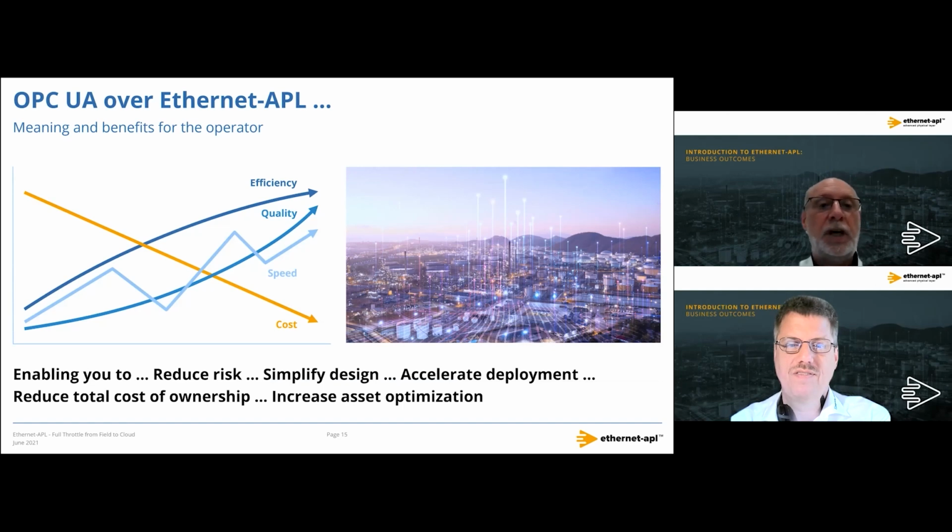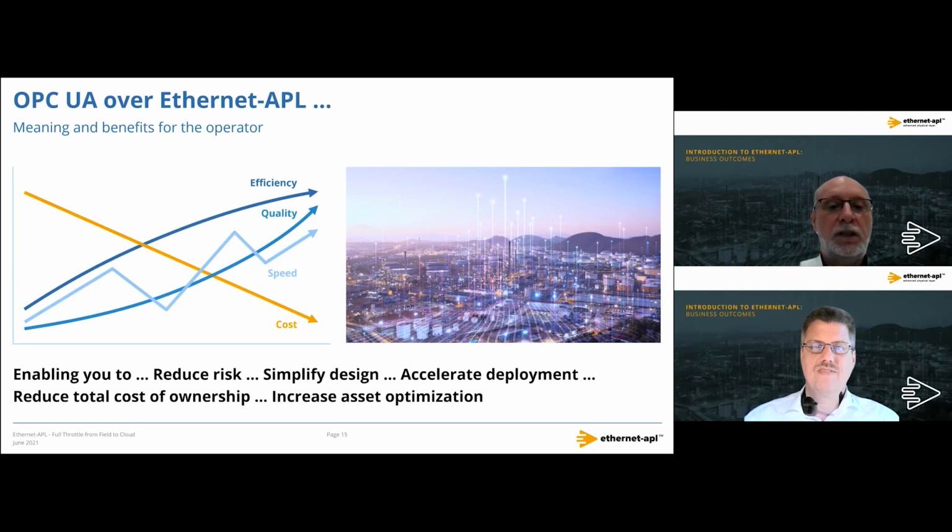So OPC UA as a second channel gives the opportunity to have easy access to all this information in the device in a standard way. That reduces the risks and makes it simpler to get access to that data, and that's what is required if you would like to do digitalization.